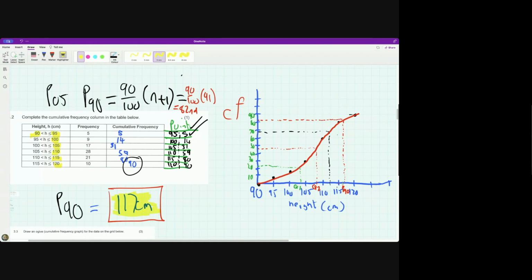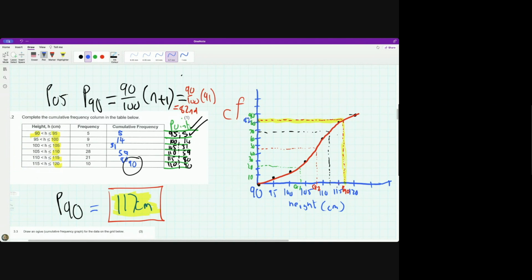So where was 117? 117 was the value of P90. So I'll give you a hint. You have to trace 117 back to the vertical axis. What is that in line with on the vertical axis? It looks to me like it's in line with 82, but that makes sense because that's where it came from.